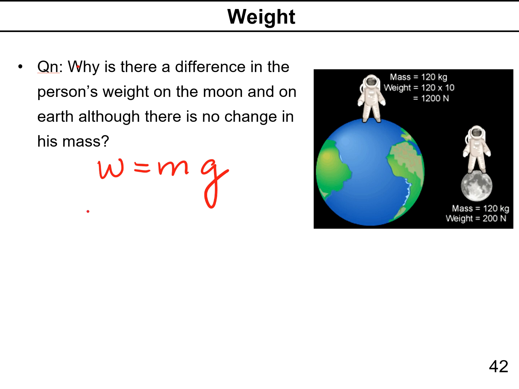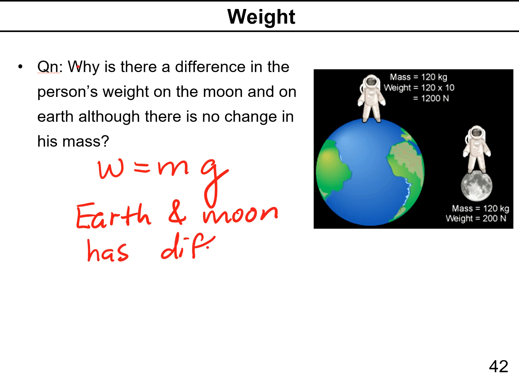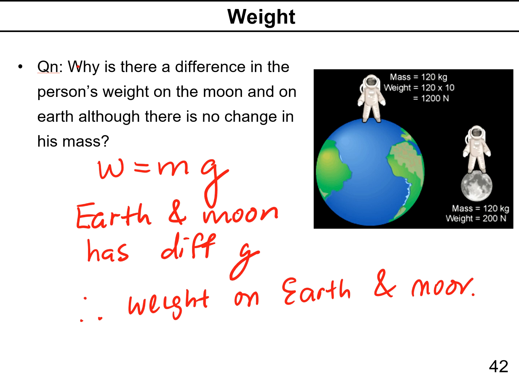Then I just need to say that the Earth and the Moon have different gravitational field strength. So therefore, the weight on the Earth and on the Moon is different. That's all.